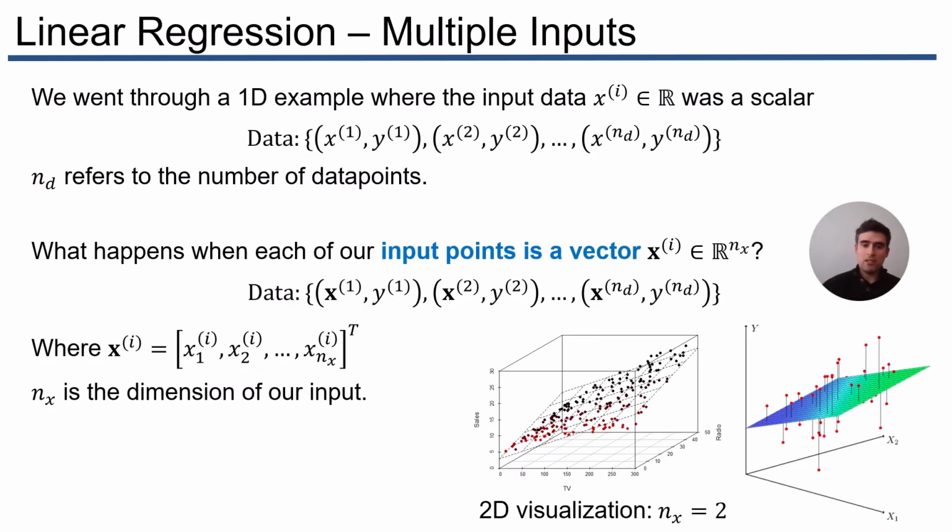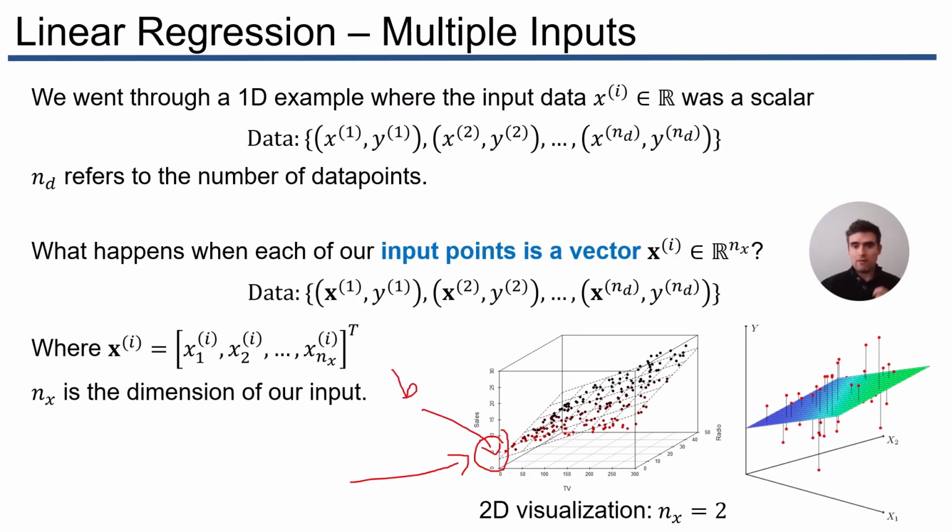Now, what we will be seeing is that instead of fitting a line, we will be fitting a plane or a hyperplane. So what I mean by this is, let's look at the two-dimensional example. Let's say that now we have square meters and number of windows. What we will be fitting is similarly the intercept b, which is the same as before.